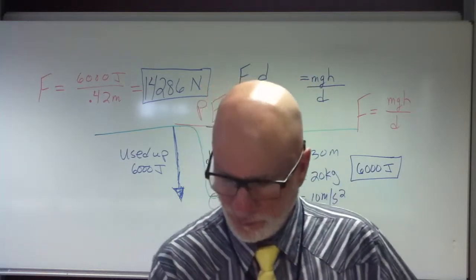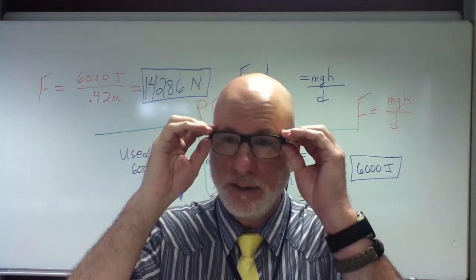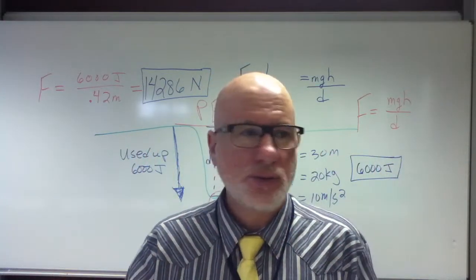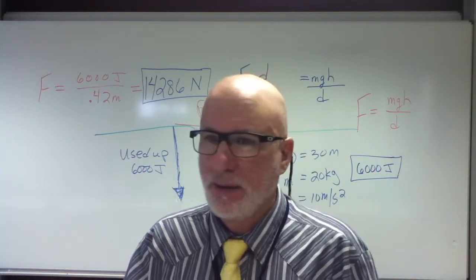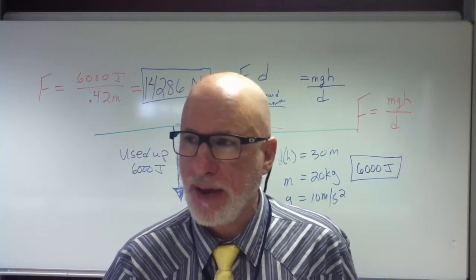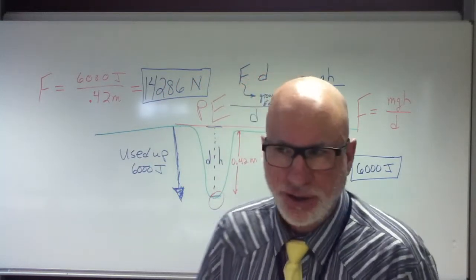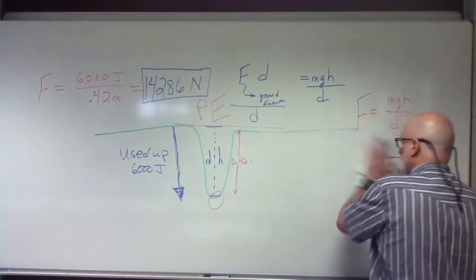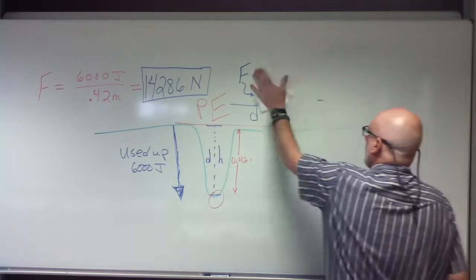Now, these problems are all the same. You're simply using the three equations when you're talking about potential energy and things, right? Let's list the equations on the board that we're doing.